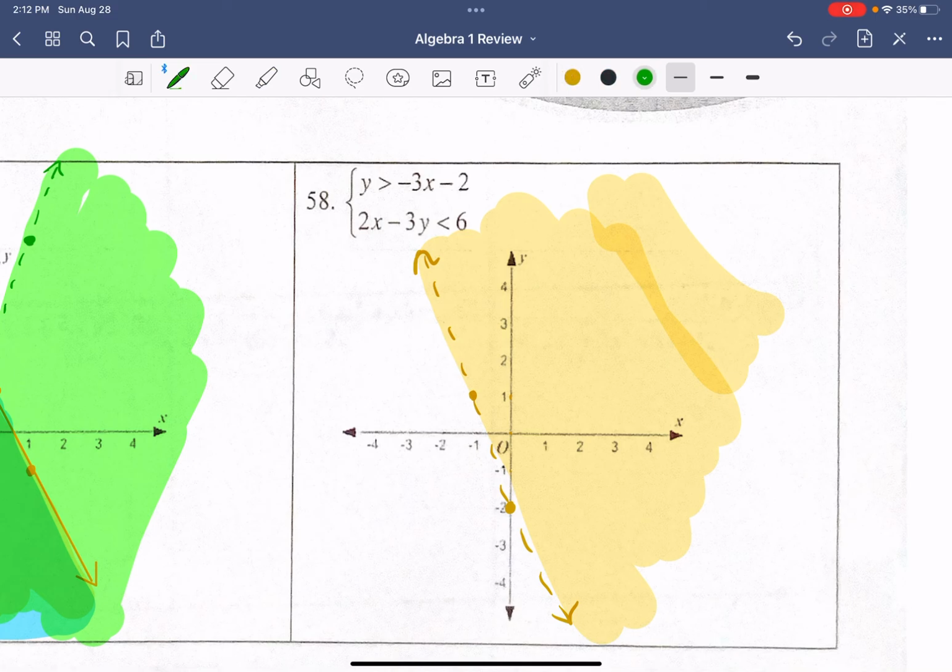Now, this last one is a bit of a bummer. It's in standard form, so we could solve it using just the intercepts, I guess, but I don't want to, so I'm just going to turn it into slope-intercept form really fast.